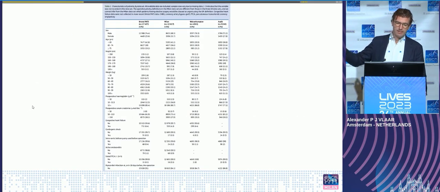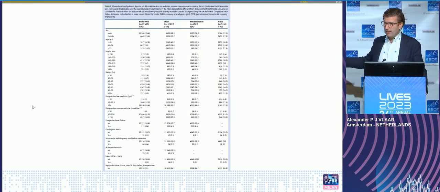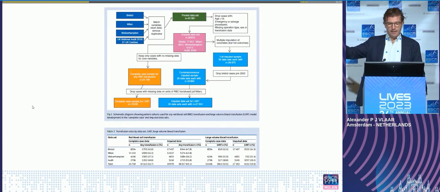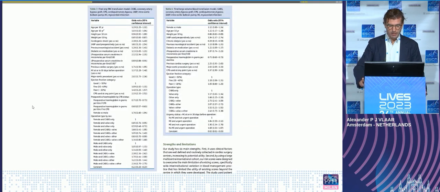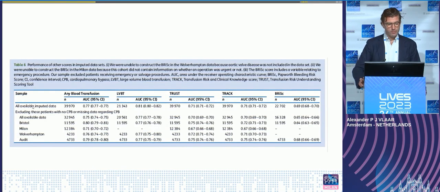What you see here is the standard data we all have in our electronic patient files: sex, age, preoperative hemoglobin, whether the patient has endocarditis, whether the patient has an IABP. All this is available. They pooled the data set, did imputation if there were missing data, and then looked at large volume blood transfusion or any red blood cell transfusion. Here again you see all those variables which are associated with the need for any red blood cell transfusion or large volume transfusion.